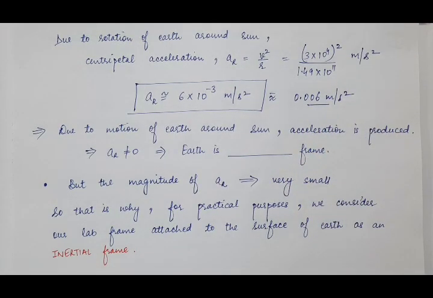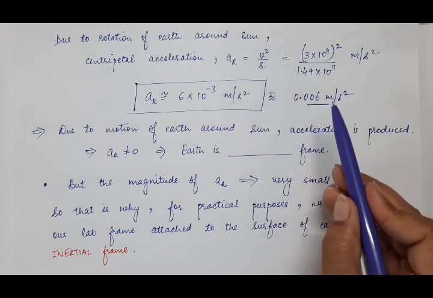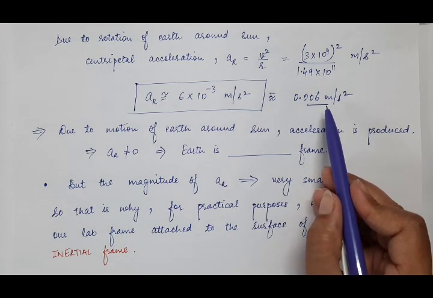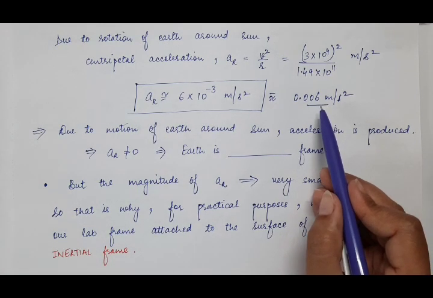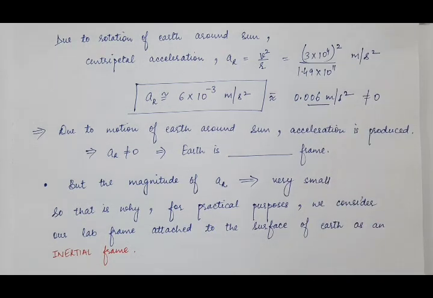It means because of the rotation of Earth around Sun, acceleration is produced, but this acceleration is very, very small. So from one point of view, you can say that this is non-zero, meaning the value of acceleration produced due to the rotation of Earth around Sun is non-zero.